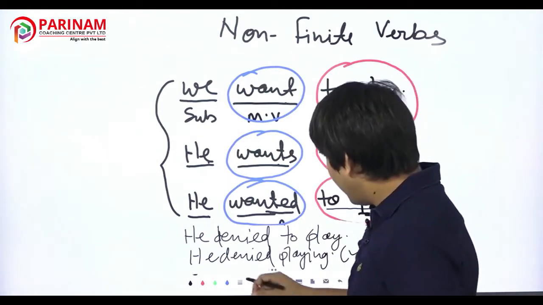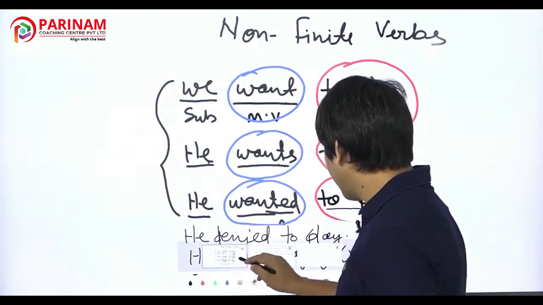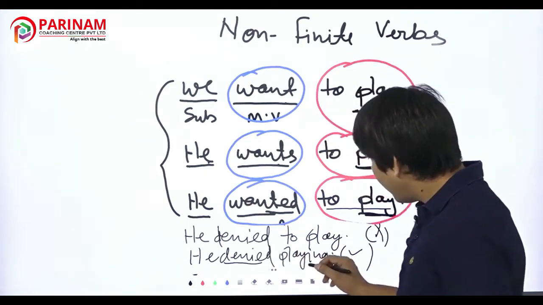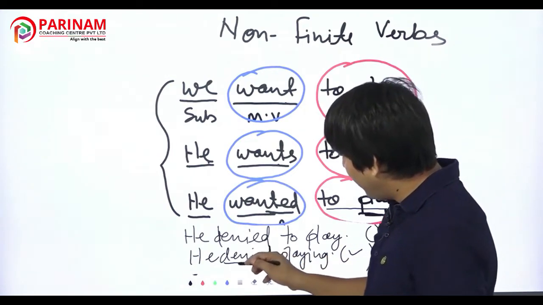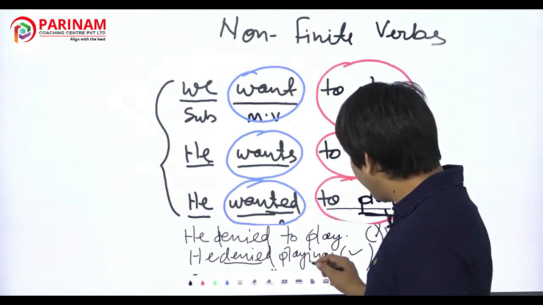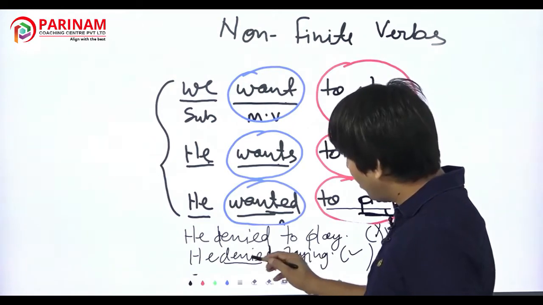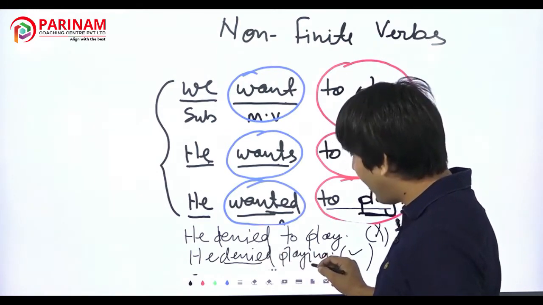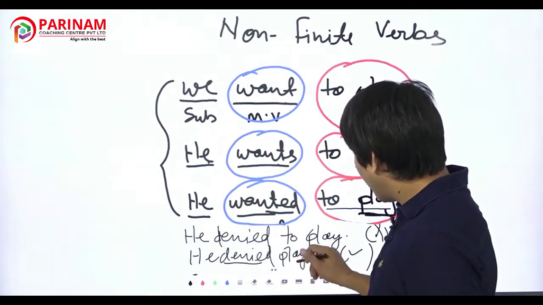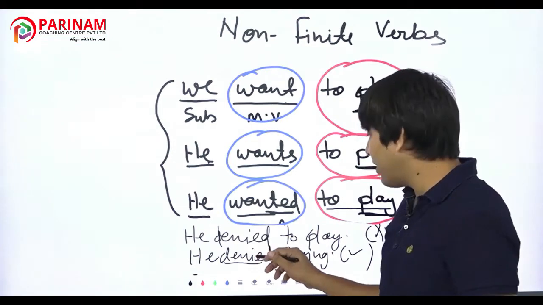Now you can see this is denied. This is main verb. But playing is not written the same way as I have written denied. It is in ing form. You can see he denied playing. So this is main verb, but this is non-finite verb because this playing is not used according to the tense of the sentence.